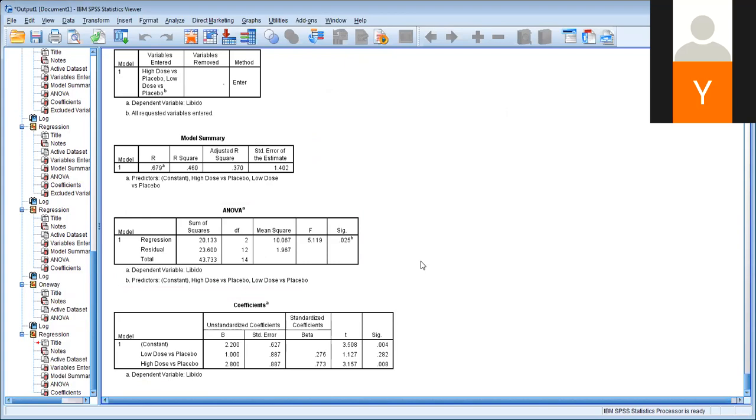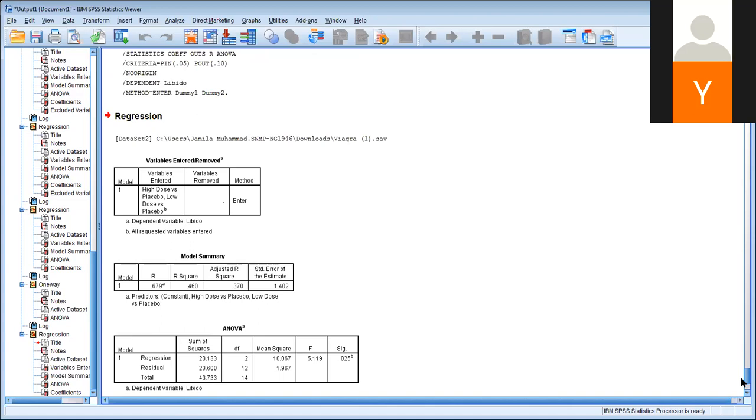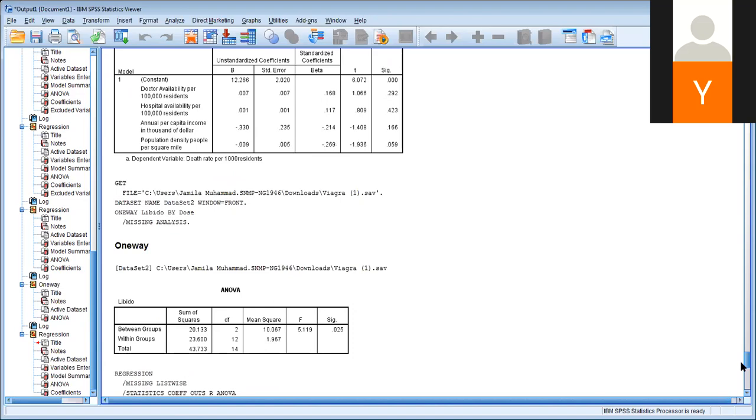Let me scroll up and look at it again. So between groups is 20. Okay, so let's go down.